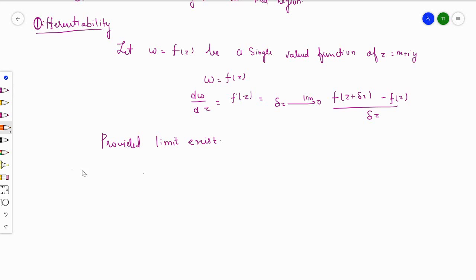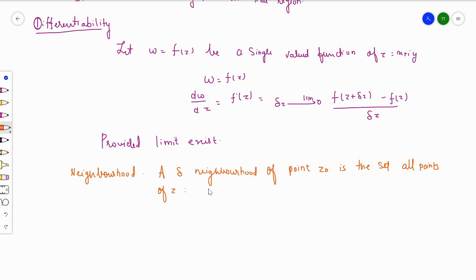Next definition is neighborhood. A delta neighborhood of point z0 is the set of all points z such that modulus of z minus z0 is less than delta.